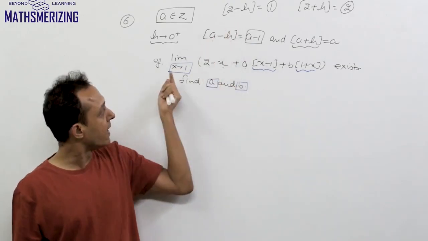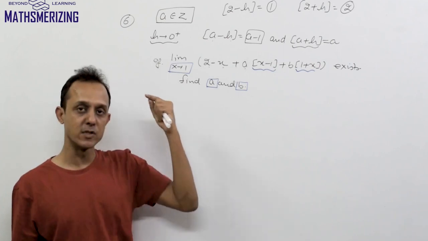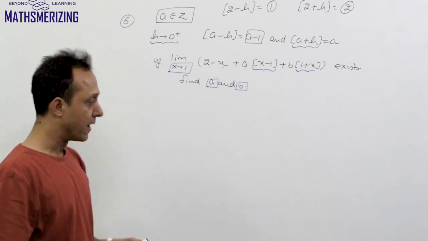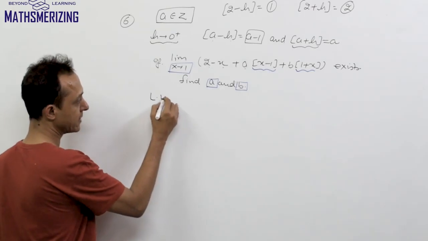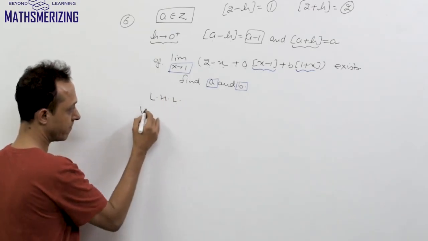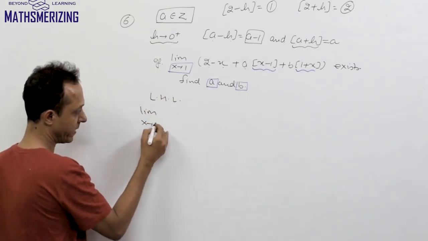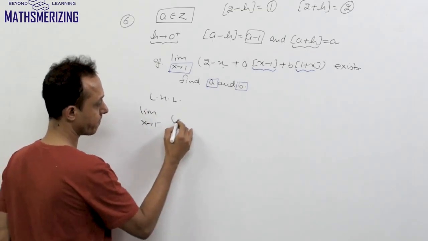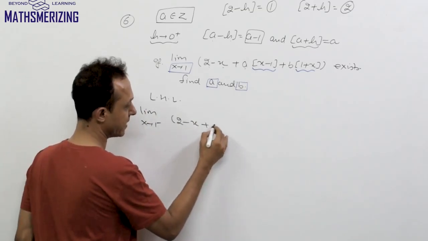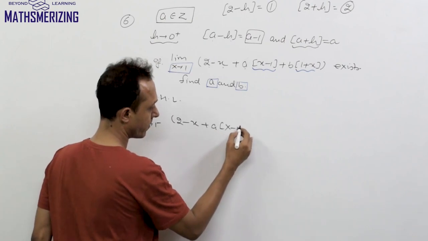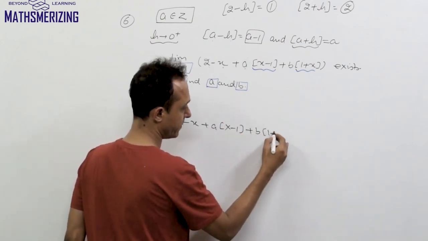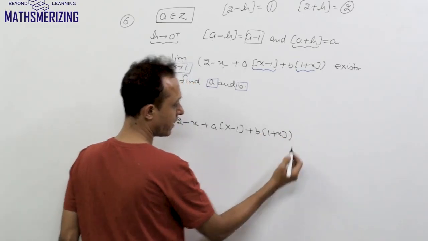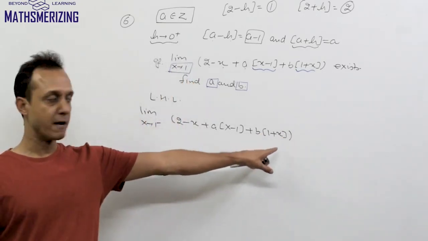So it simply means I need to take both the left hand limit as well as the right hand limit. So if I write its left hand limit, I can write it as limit x tends to 1 negative of 2 minus x plus a into the greatest integer function of x minus 1 plus b into the greatest integer function of 1 plus x.